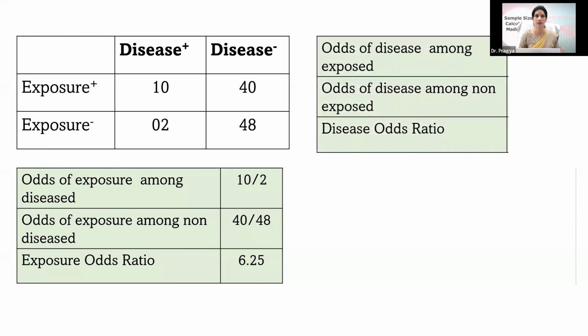Now answer this question. What is the odds of disease among exposed? Please, all of you type in the chat box. Okay, Tanya is writing. Shruti. Yes, it is either 10 by 4 or 1 by 4. It is right. Now the second question: what is the odds of disease among non-exposed?